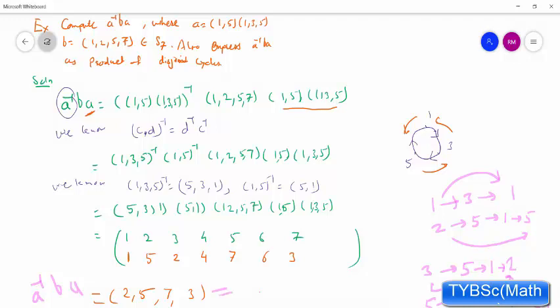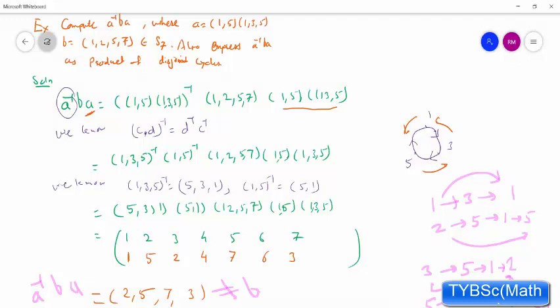And what is the value of B? We can write that 2 goes to 5, 5 goes to 7, and 7 goes to 1. So here there is a difference between this B and this, so A inverse B A is not equal to B. So sometimes, okay, this is a final answer, but from this example we can get the idea.